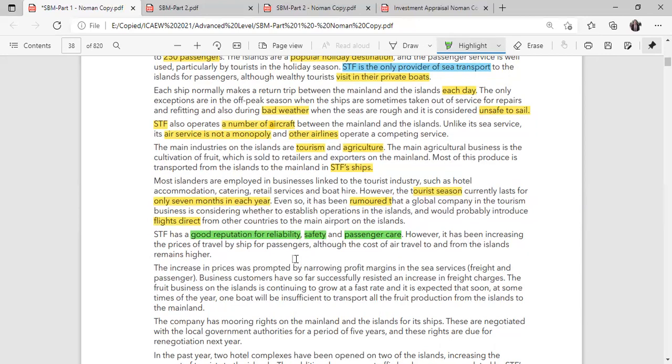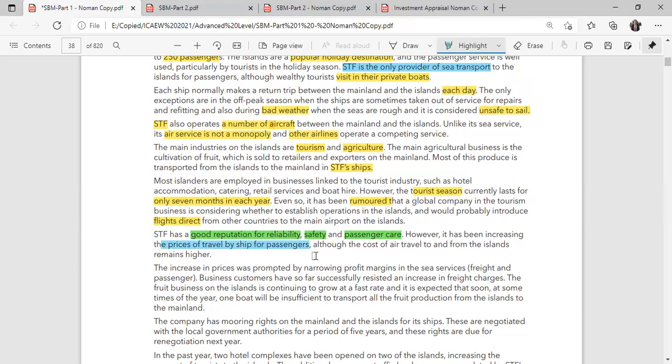However, it has been increasing the price of travel by ship for passengers, although the cost of air travel to and from the island remains higher. Yes. Obviously, you have a monopoly. If you have a monopoly, then definitely you are going to change the prices because people are going for their luxury, for different environments to enjoy their different holidays.